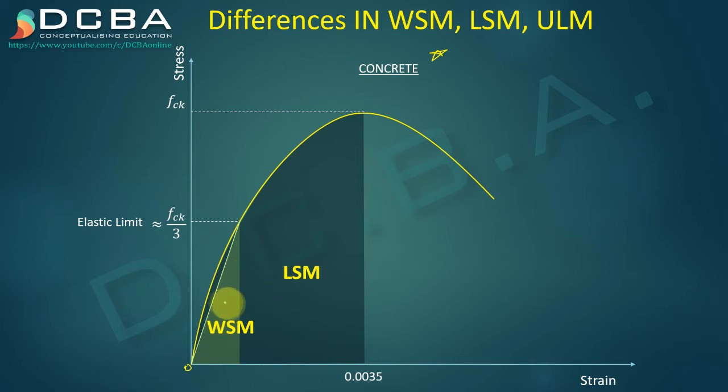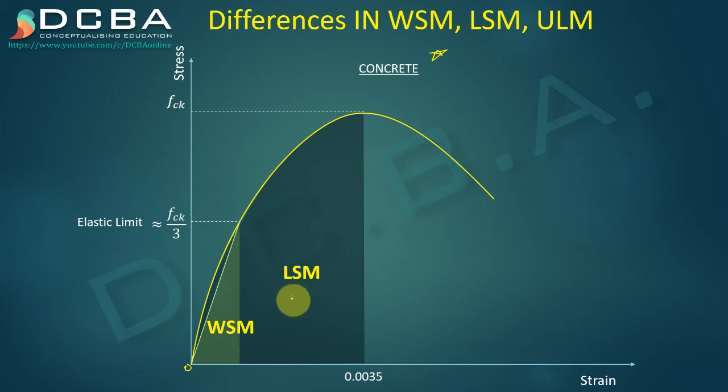You can see how much more it is as compared to WSM, and please note that this is not the actual value that we use in LSM, because the actual value we use is 0.44 fck after dividing it by factors of safety and all. But I am just showing you this difference to see till which point we go in LSM and till which point we go in WSM.